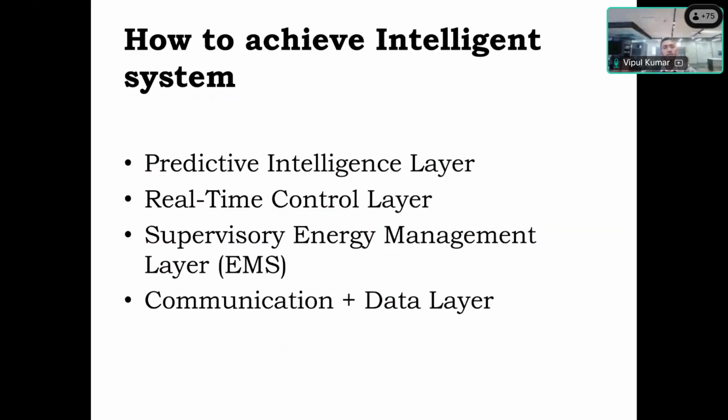That prediction layer also predicts the wind speed for particular days. It has the data of 1 year or 2 years, so according to that it will predict the output, like the irradiation of the sun and the wind velocity. So the first layer we have is the prediction layer.